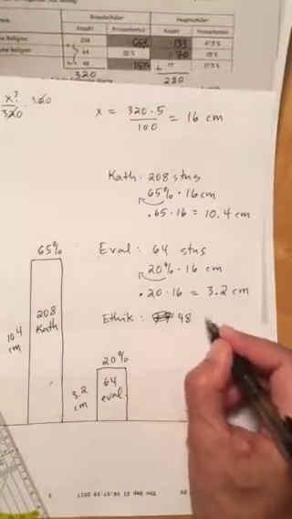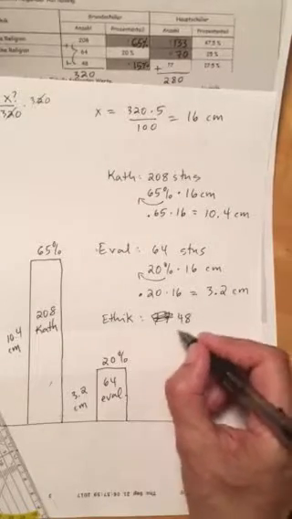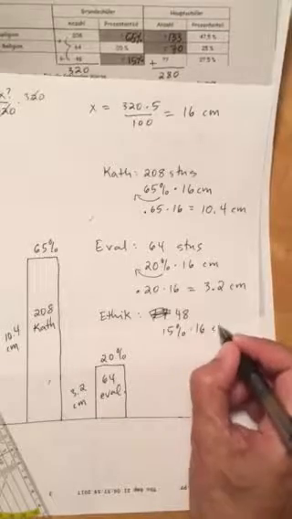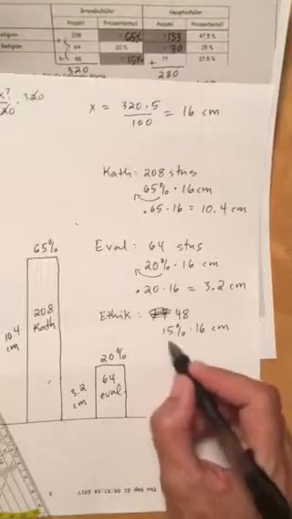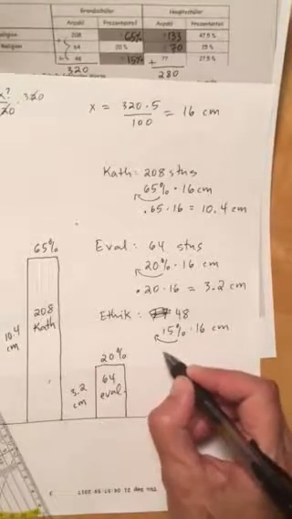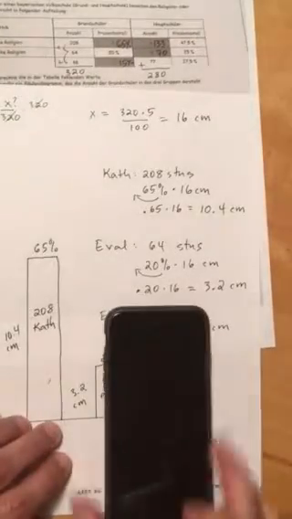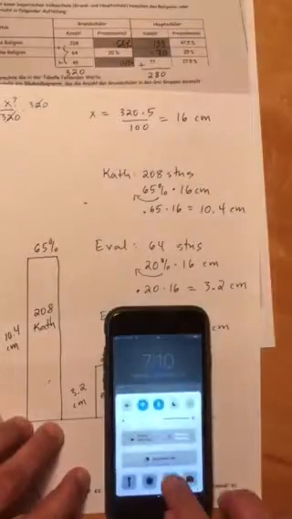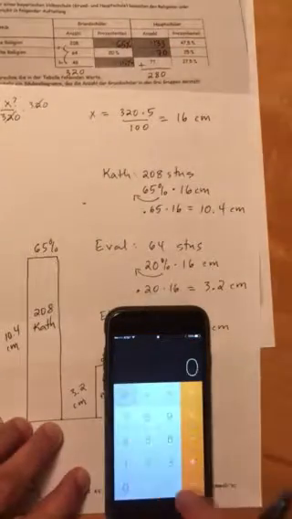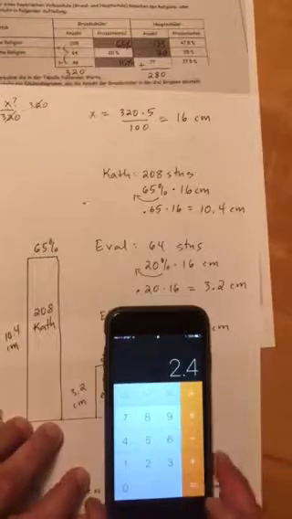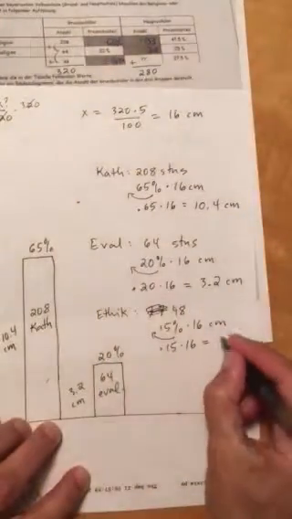Okay, so 48 students, and we said that was 15% times our 16 centimeters, because we need to know how tall to make it. You move this over, so we have 0.15 times 16. 0.15 times 16 is 2.4 centimeters.